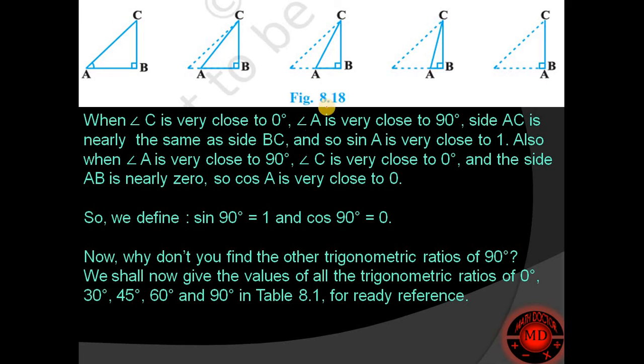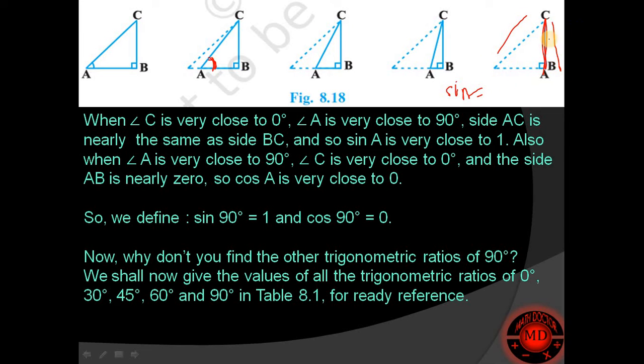So similarly we can find what is sine 90 degrees. Let us suppose we have to make the angle 90 degrees, we have to do it like that. So at the end it merges into BC. So the value of sine 90 degrees should be perpendicular upon hypotenuse.